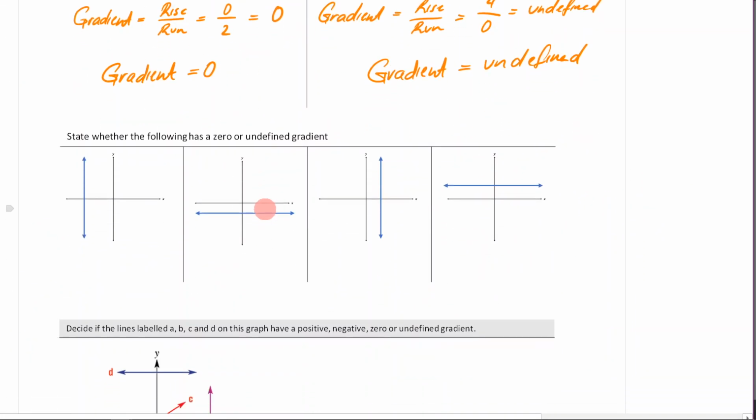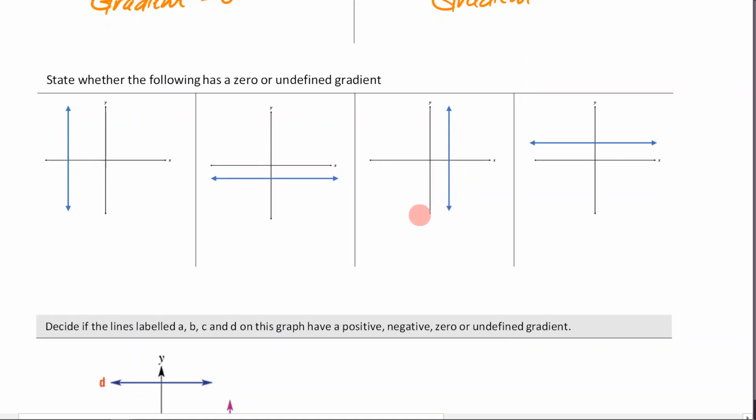So now when we come to this question here, you should be able to pause the video and answer whether the following have a 0 or undefined gradient. All you're really looking at is seeing, well, and I'll go through them now, so hopefully you're back with me. What you're going to do now is, well, this is vertical. And I know that a vertical line has an undefined gradient. And that's all you have to do here.